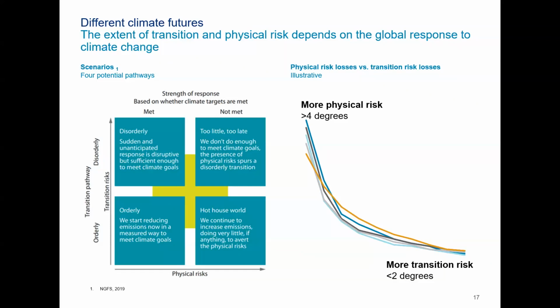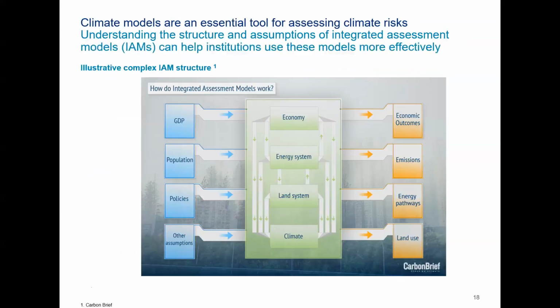And so with that underpinning, what we then sought to do was really deeply explore these scenarios by looking at a variety of some of the latest models that have been developed on the topic.